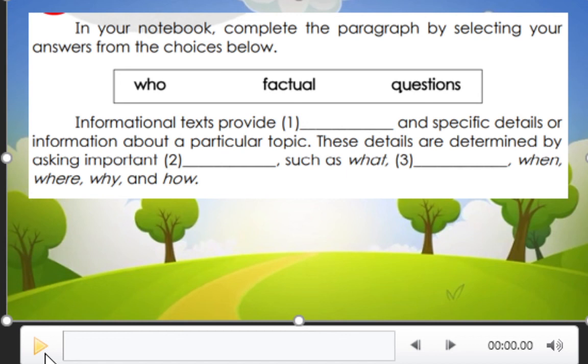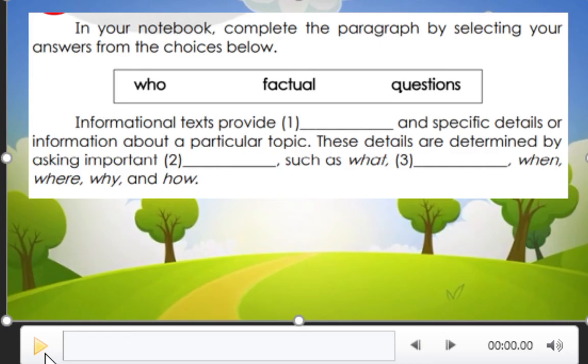Informational text provides blank number 1 and specific details and information about a particular topic. These details are determined by asking important blank such as what, blank, when, where, why, and how.